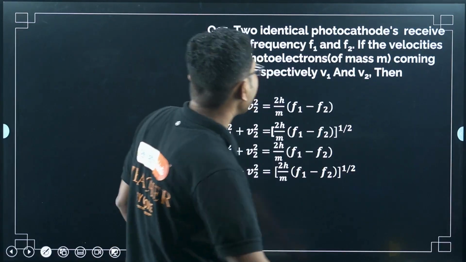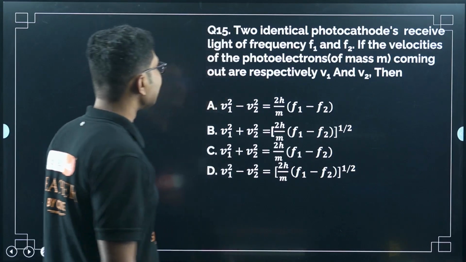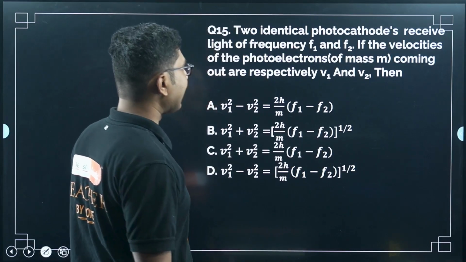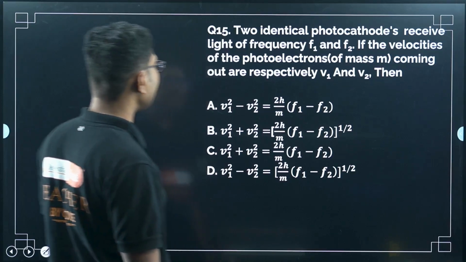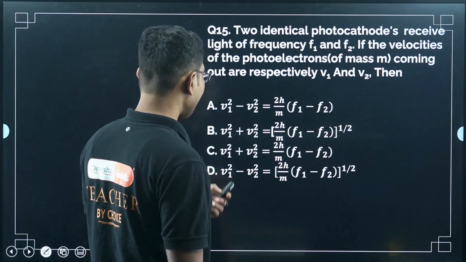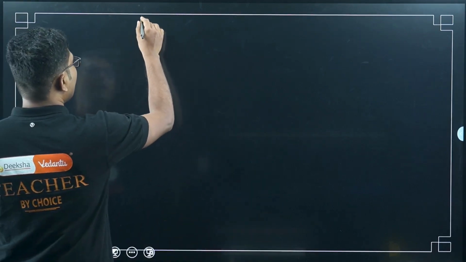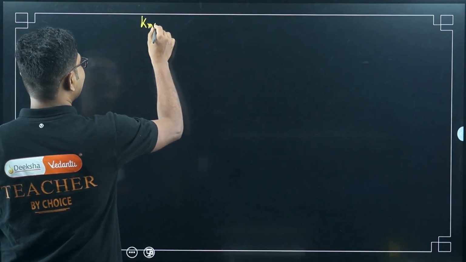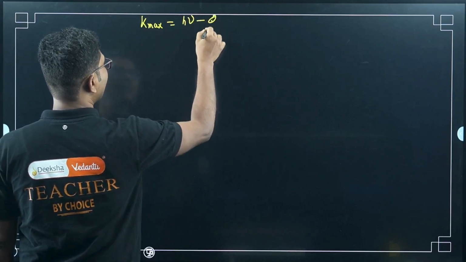Now, two identical photocathodes receive light of frequency f1 and f2. If the velocities of the photoelectrons of mass m coming out are respectively v1 and v2, then, very interesting question. So we know that K max equals to h nu minus phi naught.